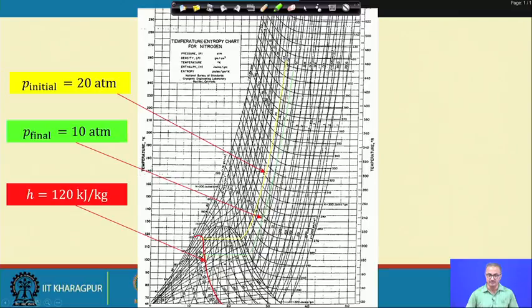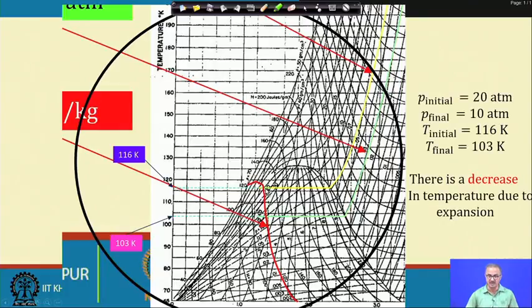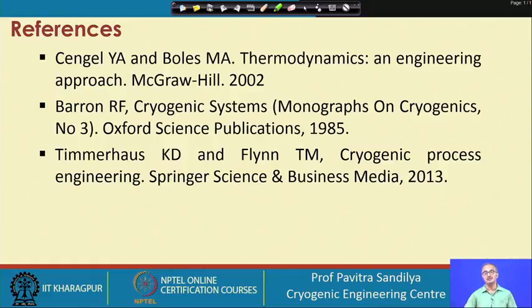It means that if we change the inlet pressure, it has a direct effect on the cooling or heating of the gas for the same value of enthalpy. The enthalpy remains the same, but we have simply changed the inlet pressure. On zooming, we see that initially at 20 atmosphere the temperature is 116 K, and at 10 atmosphere it comes down to 103 K. This, as I told you earlier, leads to the temperature decrease.